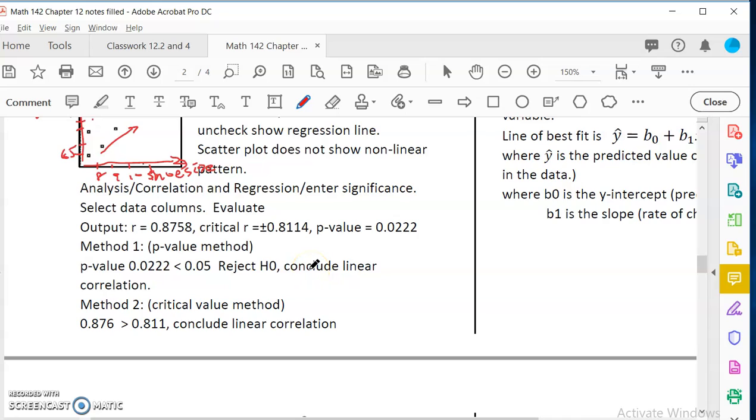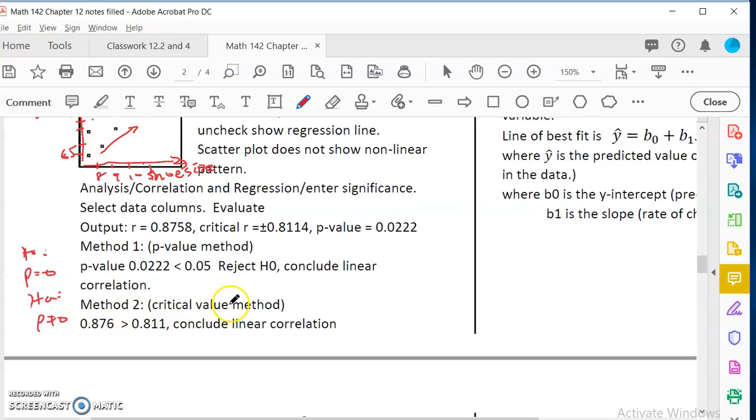The easiest way is to check the p-value. The null hypothesis is rho equal to 0, and the alternative hypothesis is rho not equal to 0. So 0.0222 is less than 0.05. We reject H0 and conclude there is linear correlation.